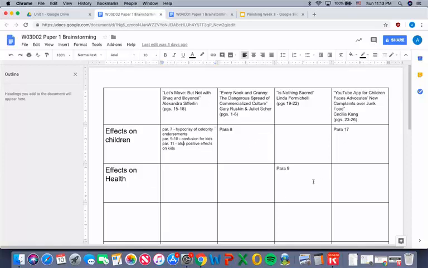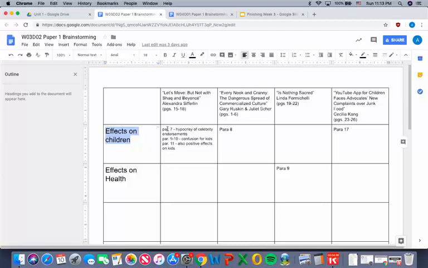Some of these reference paragraphs in the different articles where you can find the ideas. For example, if you look in the Ruskin and Shore article in paragraph 8, you'll find information about effects on children. Same here in paragraph 17 in the Kang article, you will find information about the effects on children.